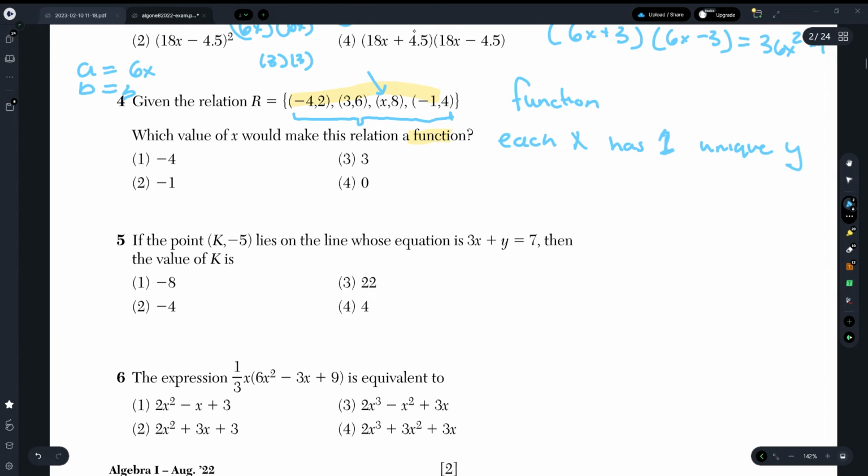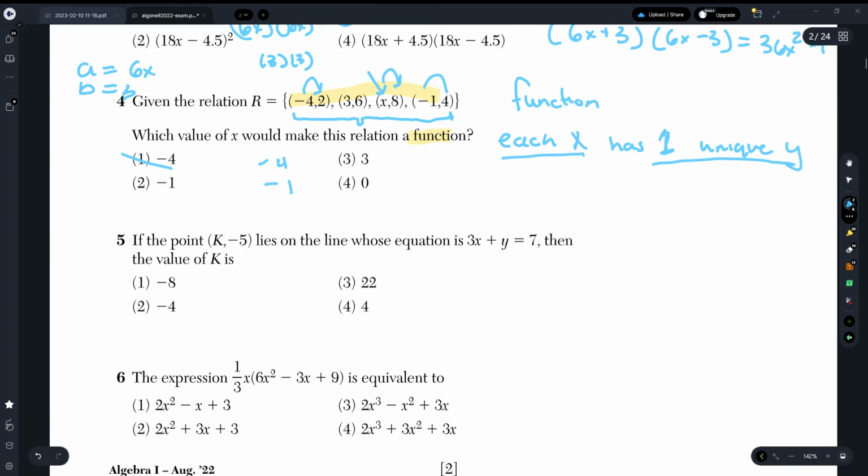So keeping that in mind, we're going to look at our answer choices. Can it be -4, right? If x is -4, that's not a function, because we already have -4 going to 2. If we have -4 going to 8, that is not each x having one unique y output. Let's look at -1.